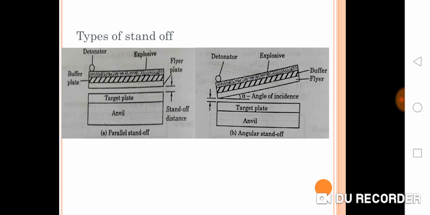And why these two types of standoff? There are situations where slight changes in the explosive, the type of materials, and the joint strength required. Based on this we will select either of these two types of standoff.